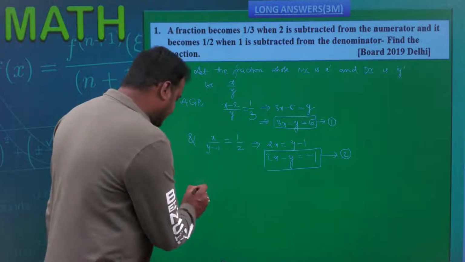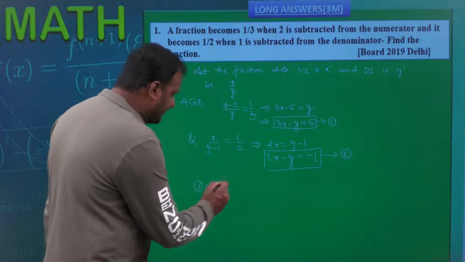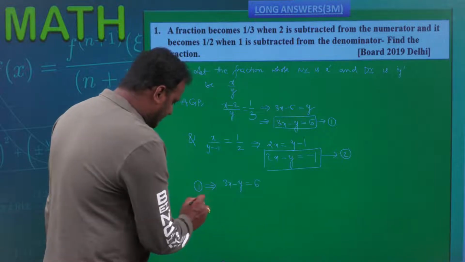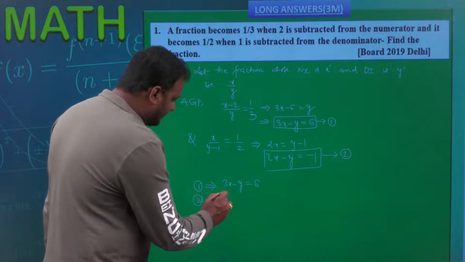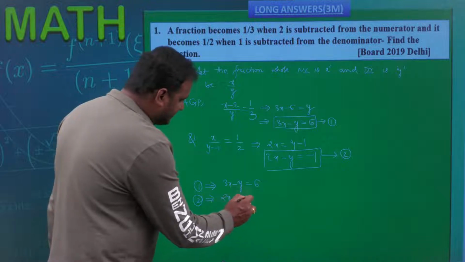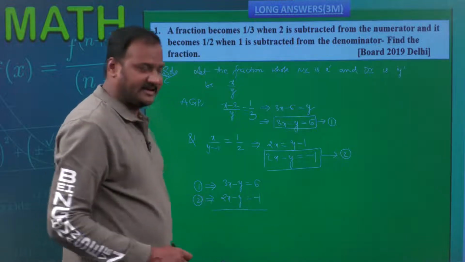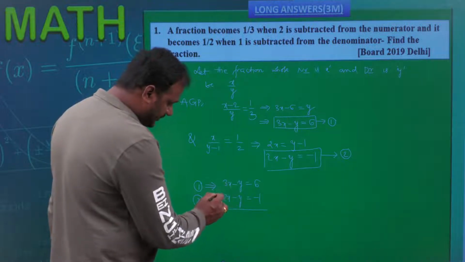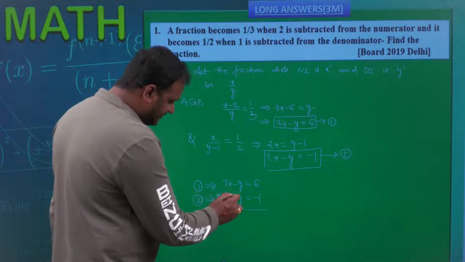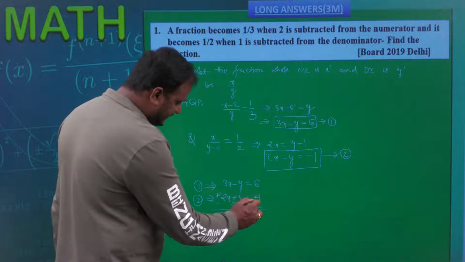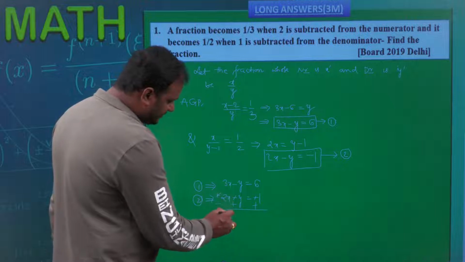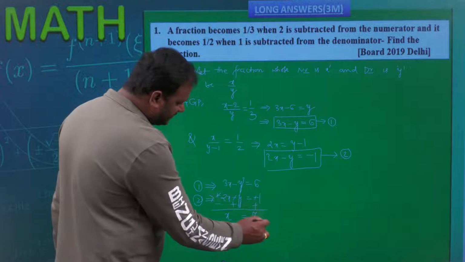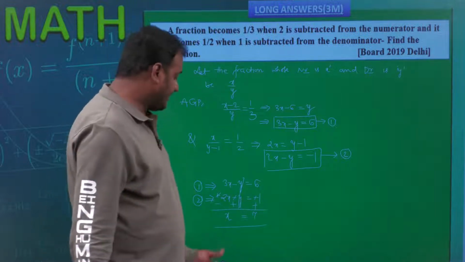Since the signs are the same, we change the sign: 3x minus 2x is x, minus y plus y cancel, and 6 plus 1 is 7. So I got the value of x, which is 7.